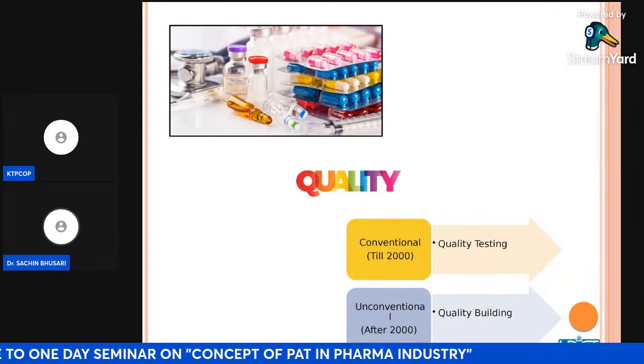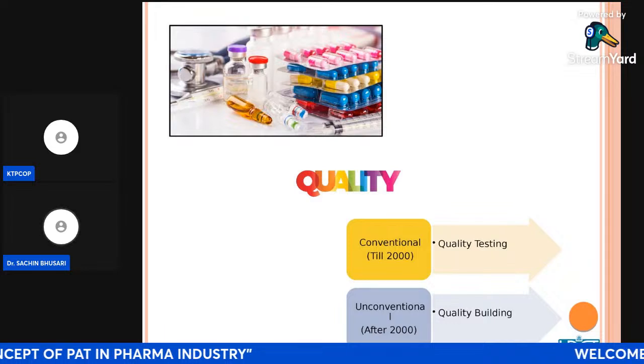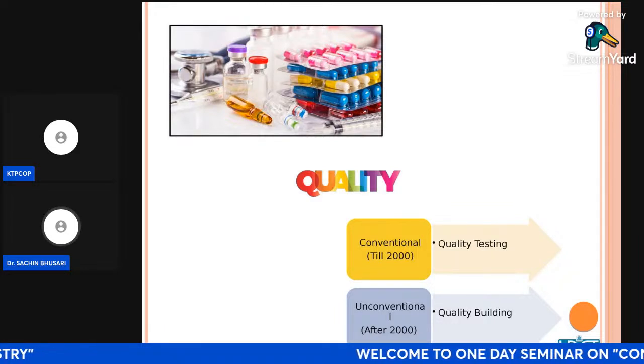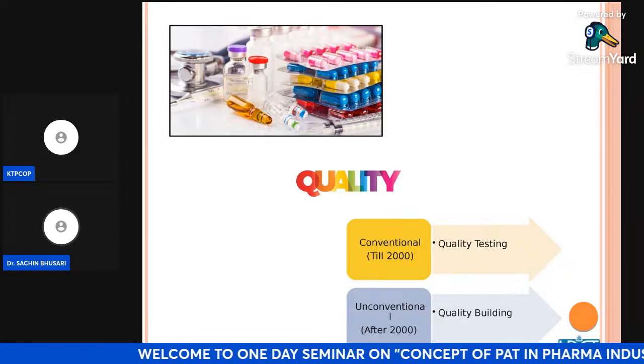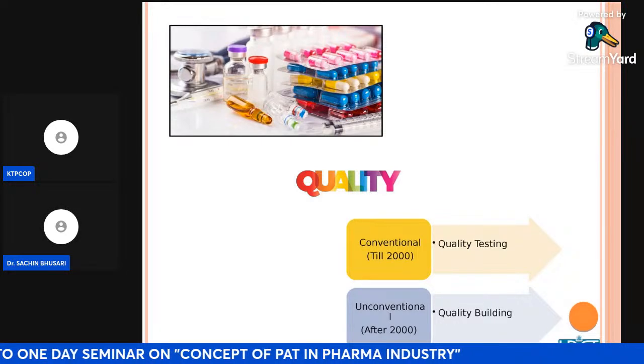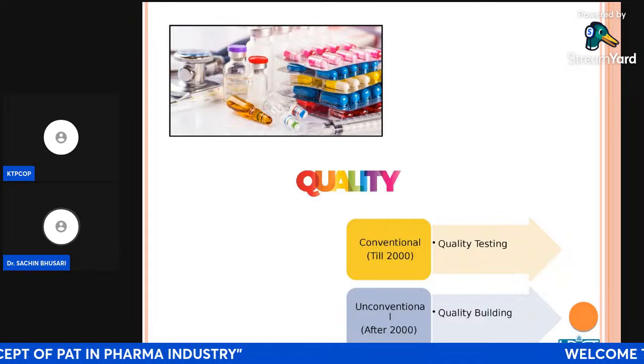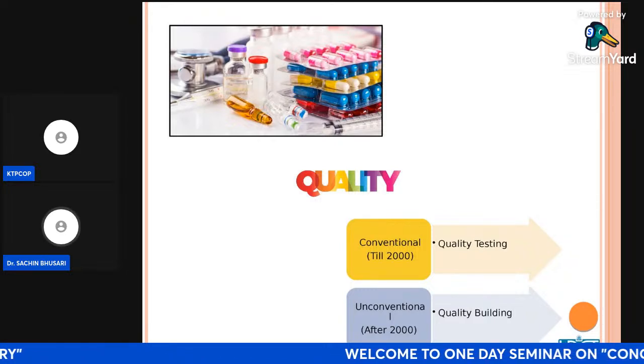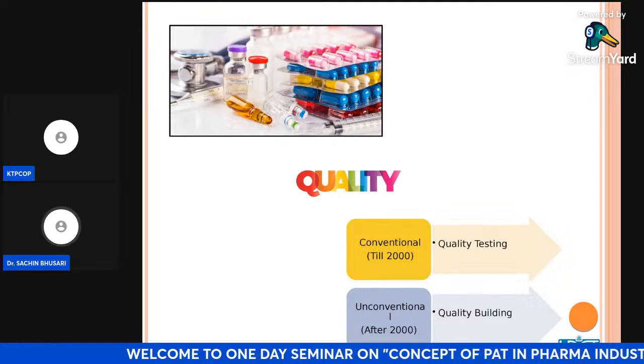When it comes to pharmaceuticals, especially formulations, you can see as the picture shows injection vials, ampoules, capsules, tablets, and all those things. When we try to purchase any medicine, we are concerned about the quality of the medicines. Reason being, we always take medicine when we are ill and we want to get rid of it immediately. So quality is a very genuine concern in formulations.